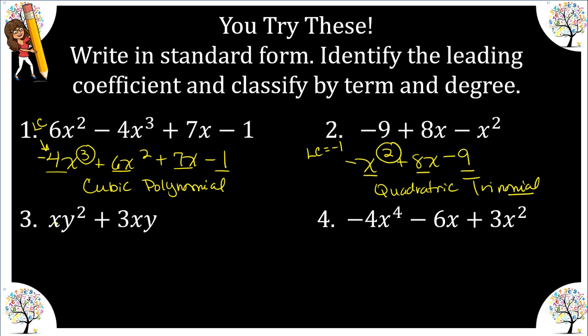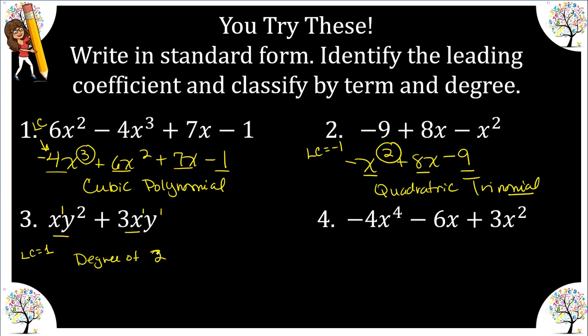Okay, here we have 2 terms. We have nothing to combine. It's already in standard form. So my leading coefficient is the understood 1. Now, we have 2 terms, so we know it's a binomial. However, the degree of my leading term is 3, and the degree on my second term is 2. So we're not really going to call this a cubic. We're just going to say that it has a degree of 2.